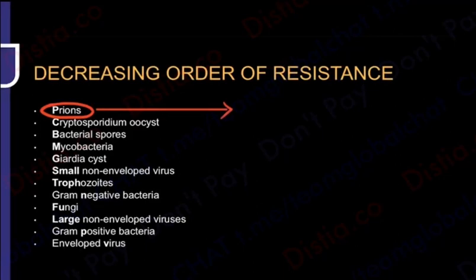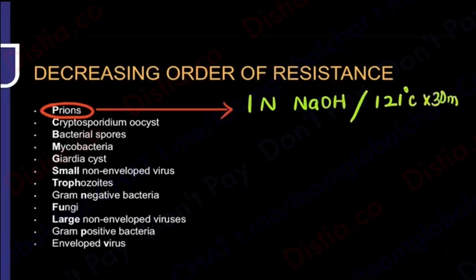It penetrated the body. What you can do is first treat it with one normal NaOH, or you can autoclave at 121 degrees centigrade for 30 minutes, or you can also do 134 degrees centigrade for 1.5 hours. There are two very varying proportions that are mentioned.